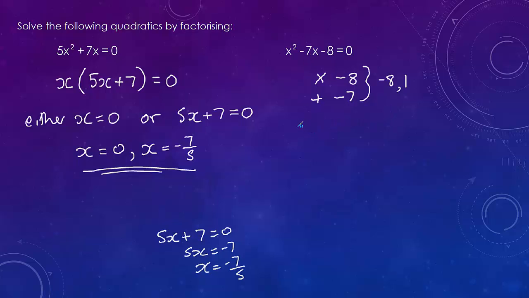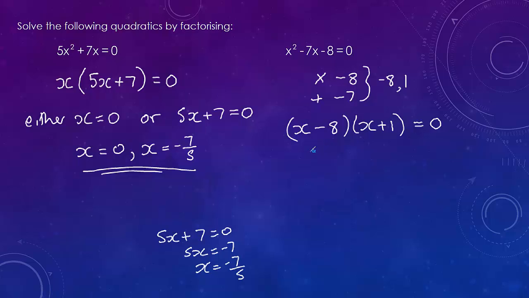So we can factorise this as x minus 8 and x plus 1 and put that equal to 0. You should have done some of this process in your ordinary maths lessons.